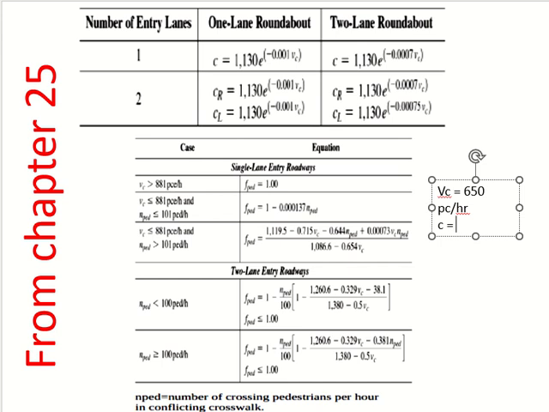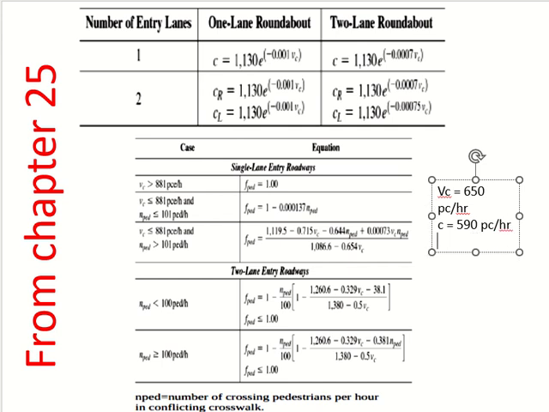Yes. 590. Okay, all these values are in passenger cars per hour. How do we make them in passenger cars? We will discuss it in another topic. But all of them are in passenger cars per hour by default. You don't have to change anything.